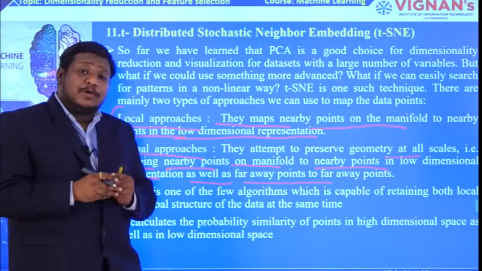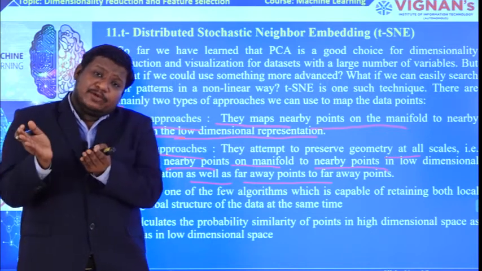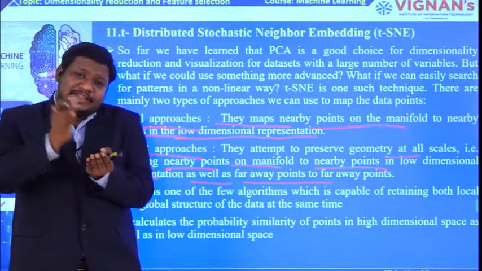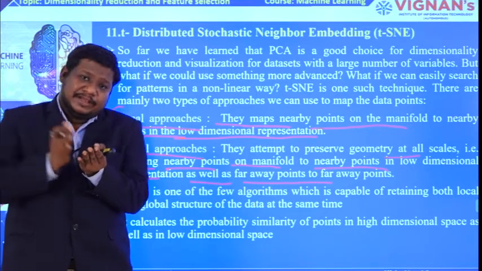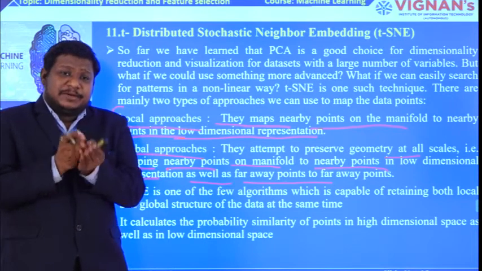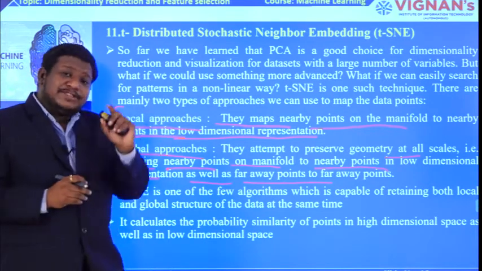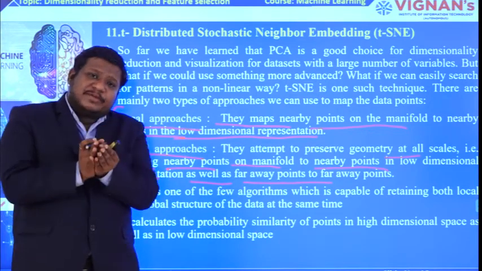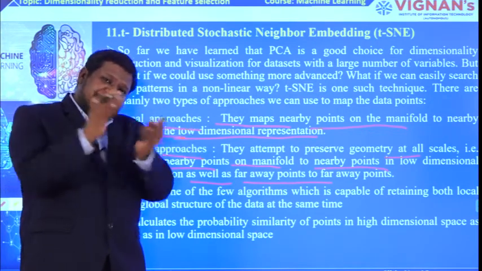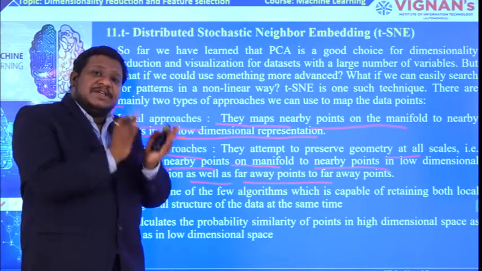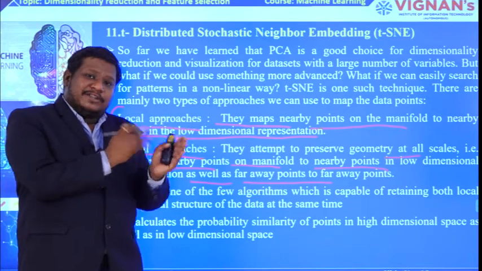Whereas in the global approach, not only the nearby points, but also the far away points are collected, and we try to represent them in the lower dimensional representation. That means in the local approach we are considering only the nearby points, whereas in the global approach we are considering both types of elements: nearby points are represented in the lower dimension space, and similarly far away points with far away points.